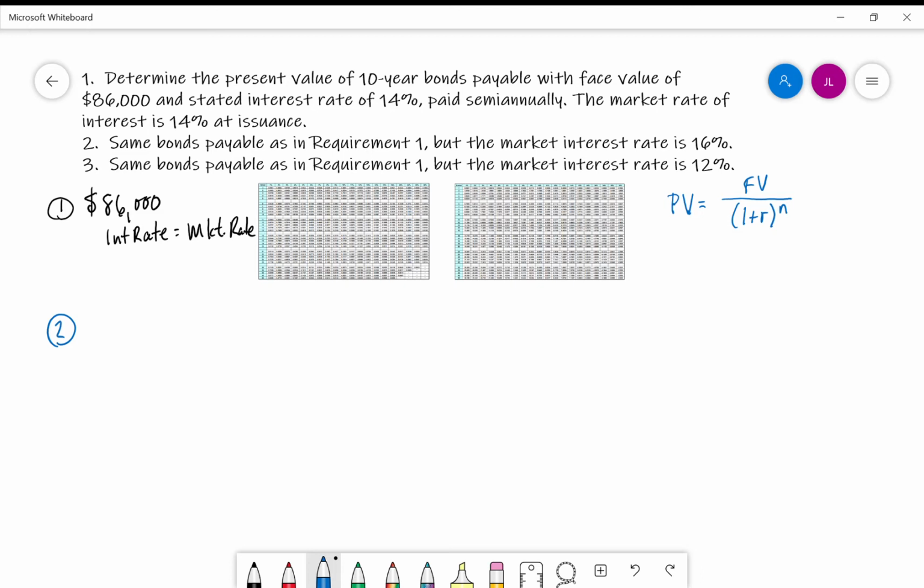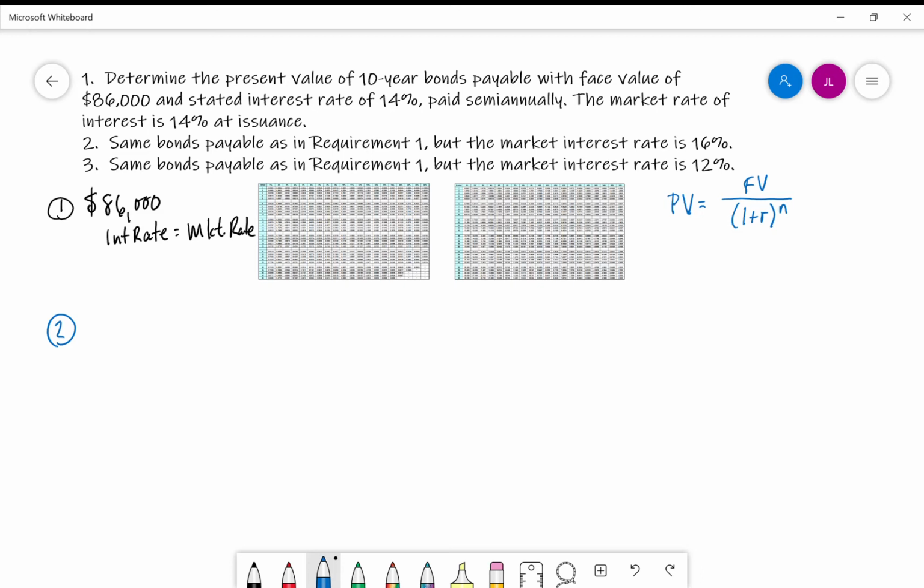Now, before we go any further, one thing I do want to explain is when we are calculating these, we really want to concentrate on using the market rate. So our market rate is 16%.